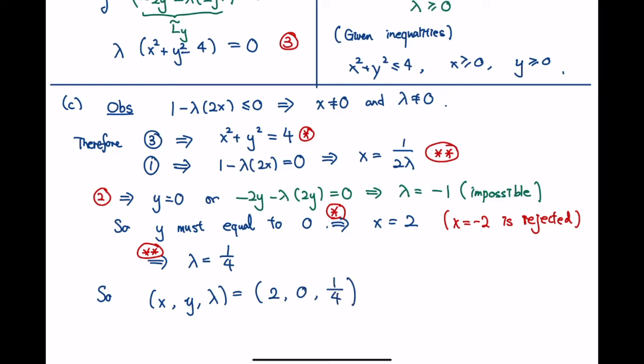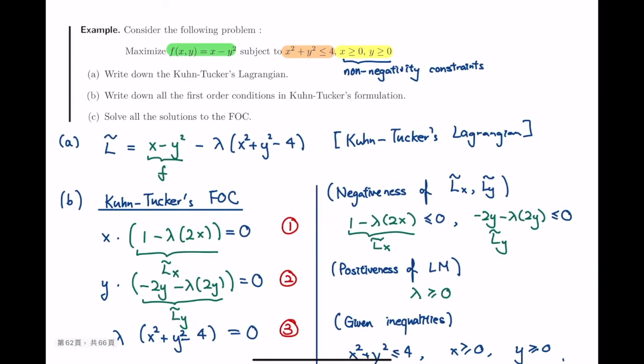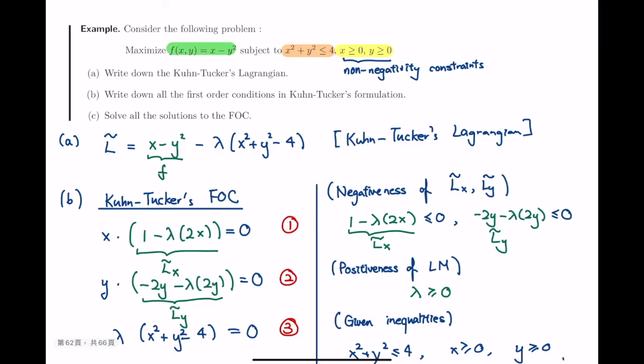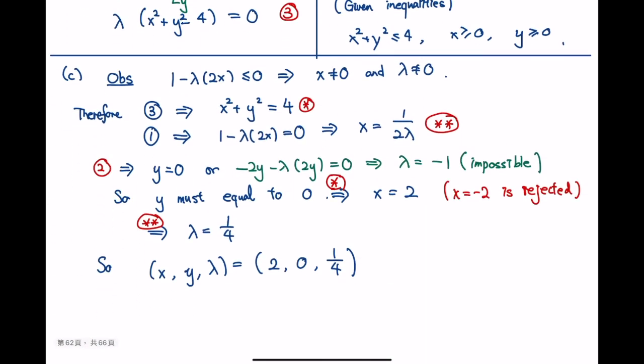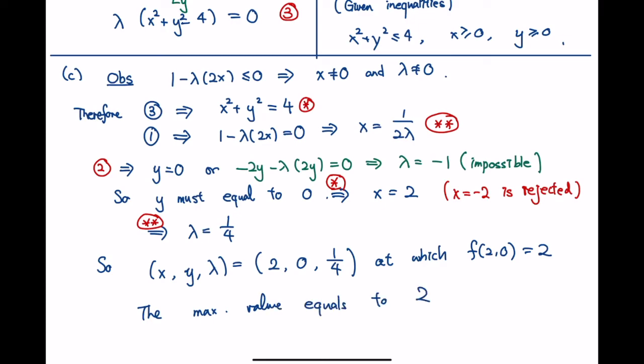And this will give me the maximum value of the function. So what is the original function? The objective function is f(x, y) equals x minus y squared. So f(2, 0) equals 2. So the maximum value equals 2.